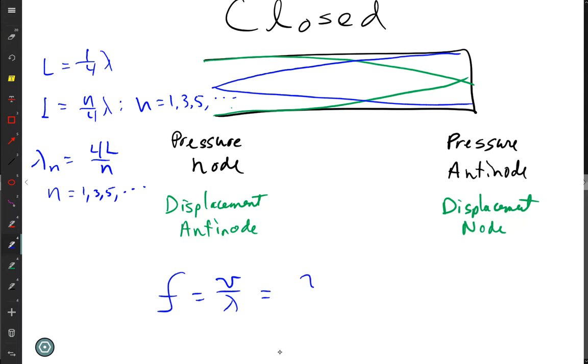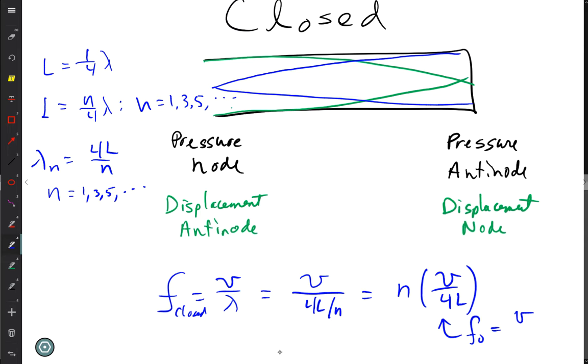So that's going to be the speed of sound in air, because we're talking about sound in an air column, divided by, if it's a closed tube, 4L over n. And so this here is our fundamental frequency. Fundamental frequency is speed of sound in air divided by 4L if it's a closed tube.